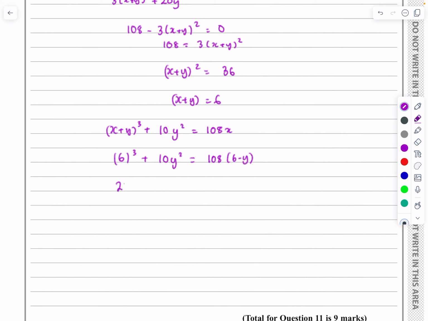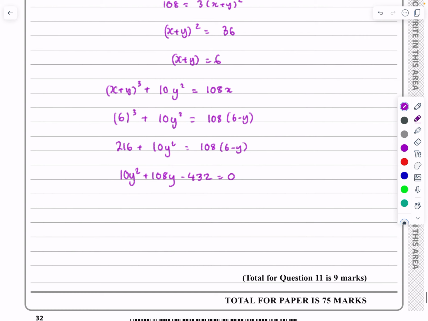We get 216 plus 10y squared is equal to 6 lots of, well, let's just leave that like that for the time being, 108 times (6 minus y). Then take everything over and turn it into a quadratic. We get 10y squared, plus 108y, and when we tidy all the digits up, minus 432 equals 0. I now need to solve that.